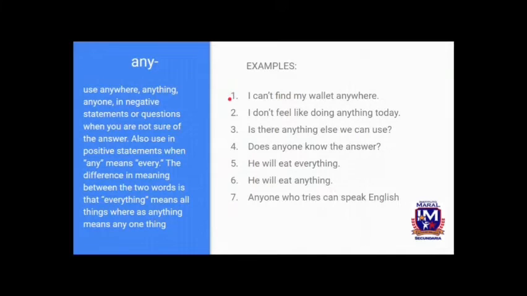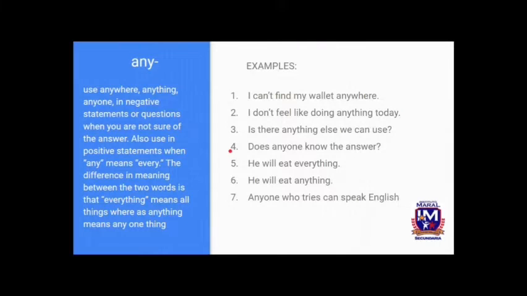If you look at sentence number one, it says, I can't find my wallet anywhere. Now, this statement is negative. I can't. That's why I am using any. Number two is also a negative statement: I don't feel like doing anything. Number 3 and number 4 are questions.